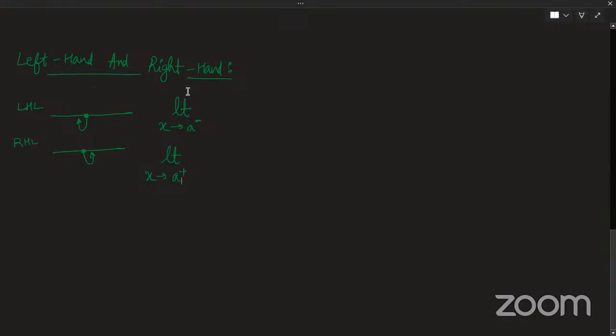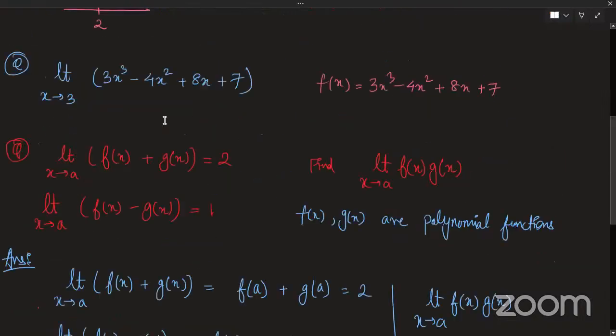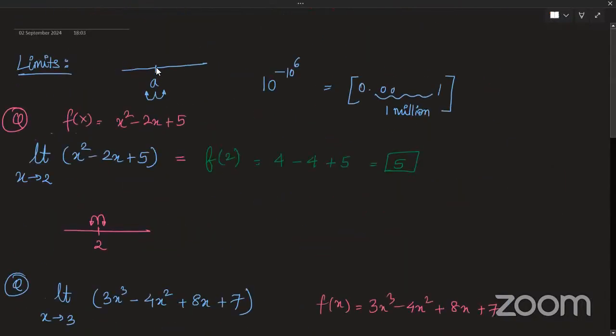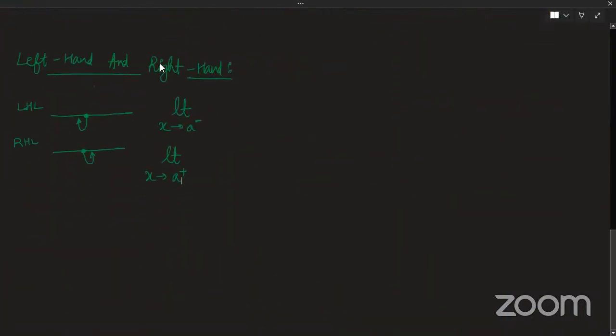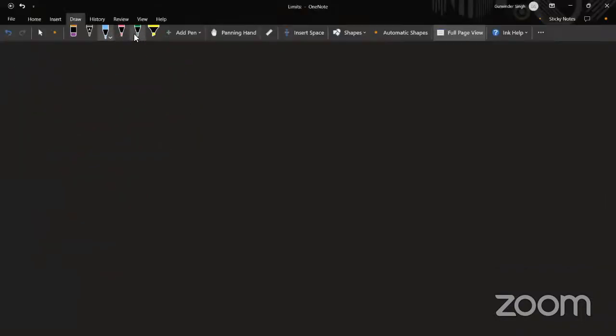So now I am particularly saying that the number I am talking about is just smaller than or just greater than my value a. Is it fine, everyone? Yes, sir. So earlier we were saying that my number could be on either side, either to the left of a or to the right of a. Now I am specifying that my value is either to the left of a or to the right of a. Okay. So let us just see how it works.